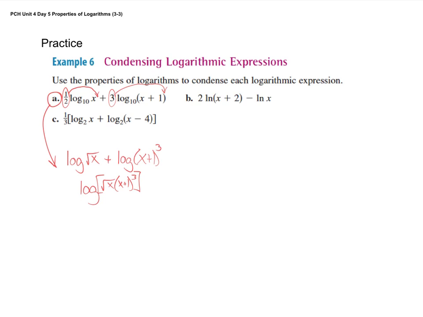We're not going to do all 3, but let's go ahead and try C. What do you propose that we do first? That 1/3. Cube root of it. Put the whole thing to the root 3.